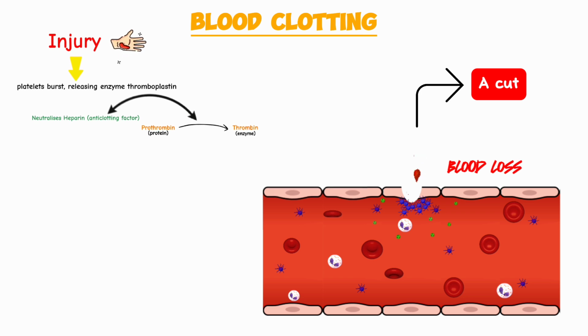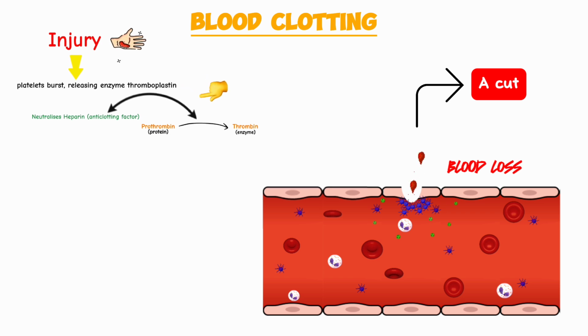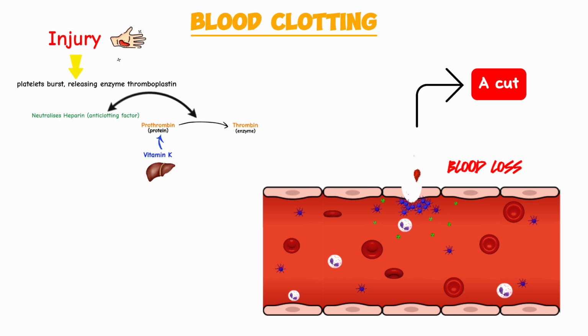Now, when it's activated by thrombokinase, it's then converted to an active form called thrombin. So essentially what is going to happen is that you're going to have one enzyme activating the conversion of another enzyme. Now, one thing I would like you to note is this. Prothrombin is formed in the liver and it's always formed in the presence of vitamin K. So vitamin K is an essential vitamin in the process of blood clotting.